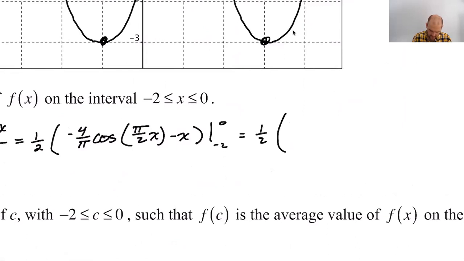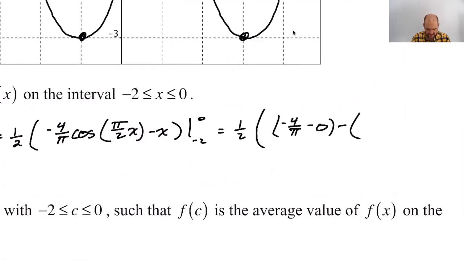So 1/2. All right, when I plug in 0, the cosine of 0 is 1, so I get -4 over pi minus 0. And then minus, when I plug in -2, I get the cosine of negative pi, which is the same as the cosine of pi. So that's a -1. So I get -1 times -4 over pi is positive 4 over pi. I think I did that right.